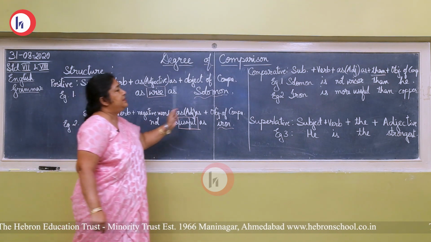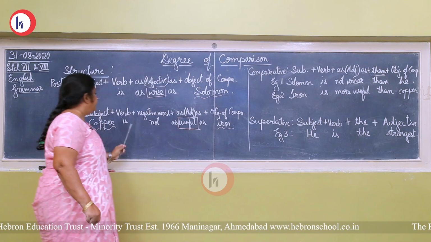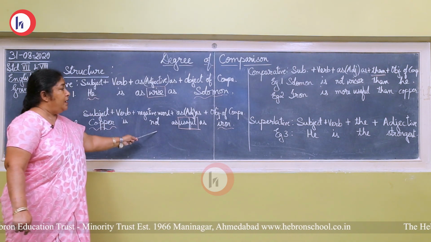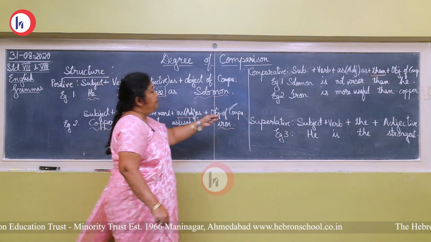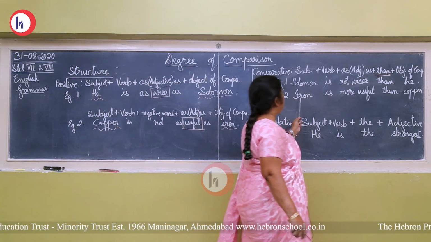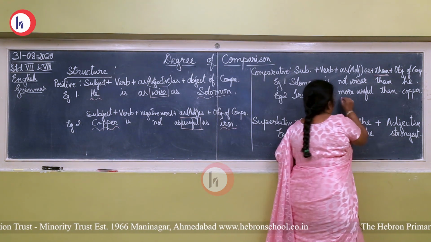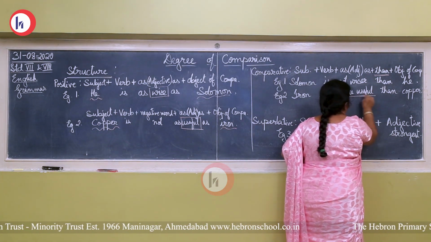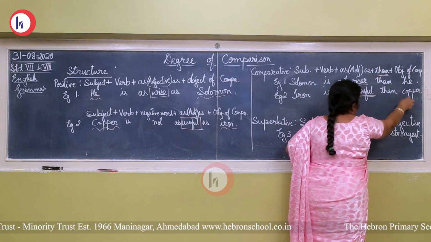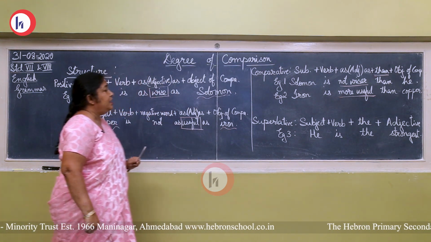But when we write this in comparative, we will remove this negative word. Copper, the subject, goes to object of comparison and iron comes here. Iron is more useful than copper. Than is compulsory in both the sentences.